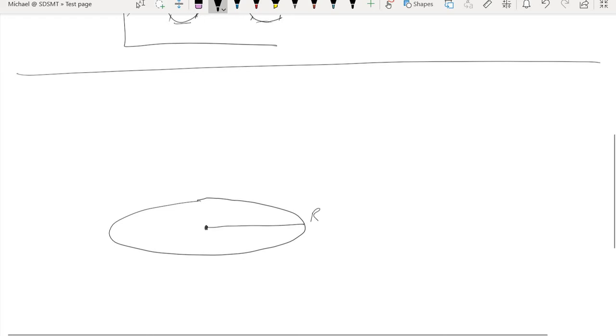So our disk has a maximum radius of big R, and we're going to uniformly distribute some charge over the surface of this disk. So I'm going to draw a whole bunch of little positive signs here.